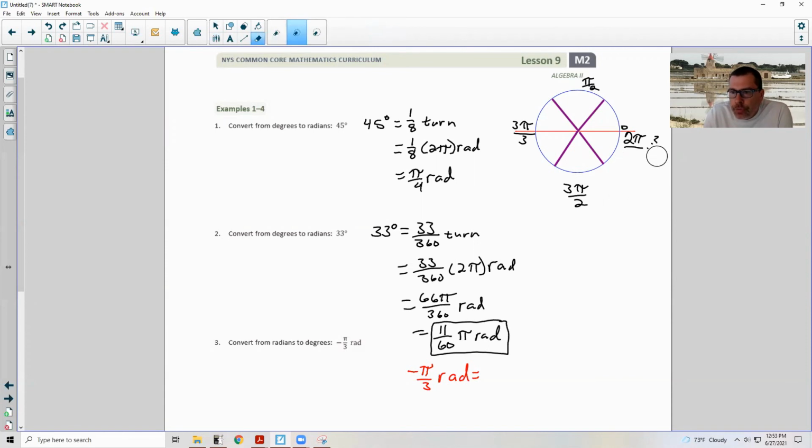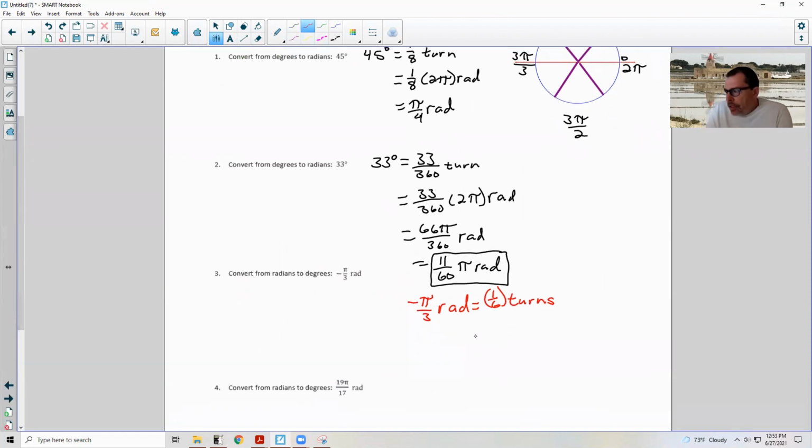So with that being said, pi over 3 equals 1/6 of a full rotation. It's a sixth of a turn. So 1 radian is going to equal 1/6 turns.